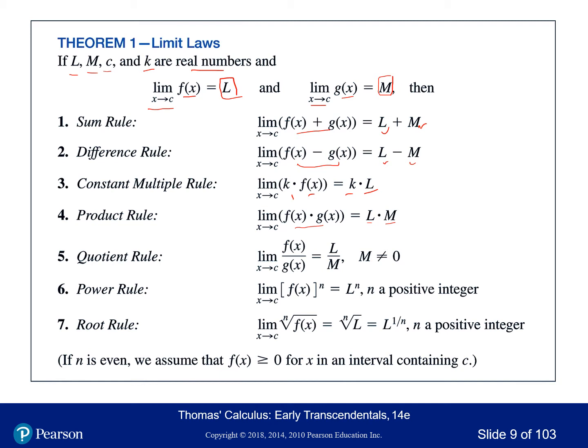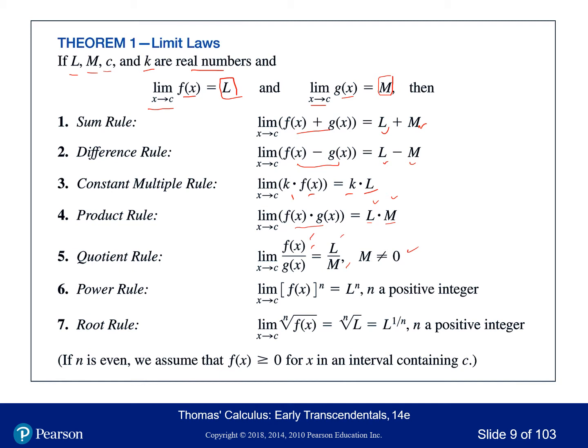This is the value of the limit. So the limit of the functions multiplied equals the value of their limits multiplied. Limit of the functions divided equals the limit of one divided by the limit of the other, assuming that M is not equal to 0 because we don't divide by 0.